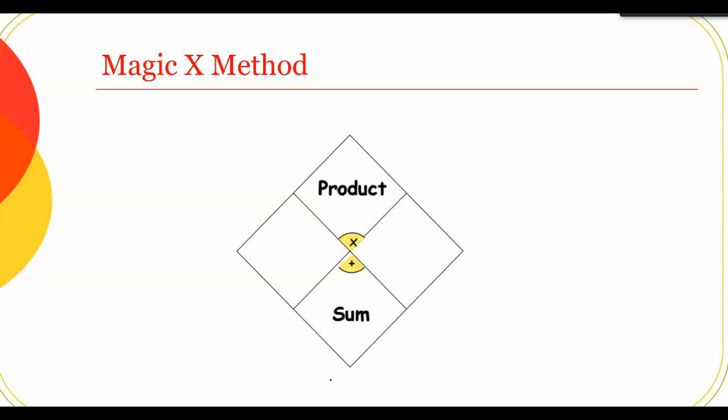So the Magic X is a method in which we are going to create a product sum duo. So what I'll have you do is draw an X, and I believe yours are circles on your page because I couldn't do the images like this. You're going to draw an X once we do this on paper on our own.